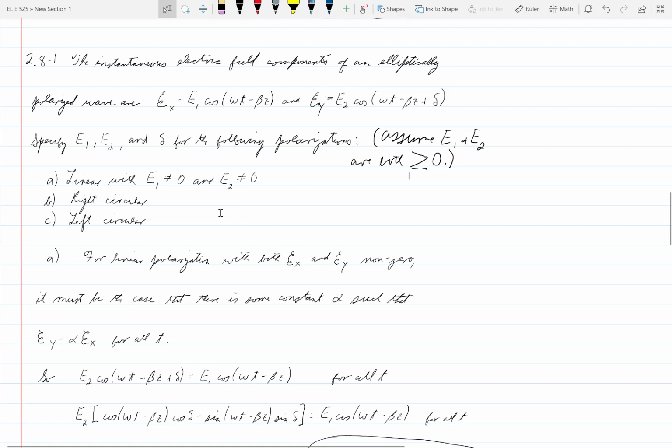If both were equal to 0, we wouldn't have any polarization at all, just no electric field. On the other hand, if E2 were equal to 0 and E1 not equal to 0, we would have horizontal polarization, because the field would oscillate back and forth along the x direction.